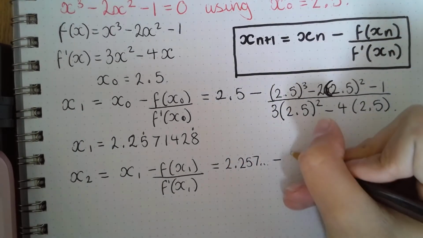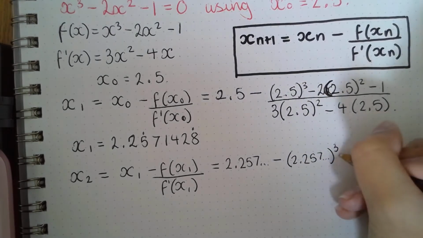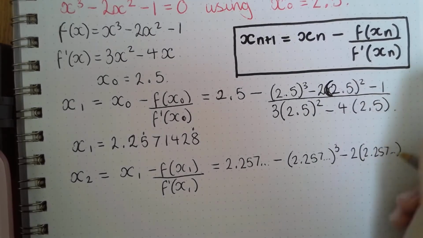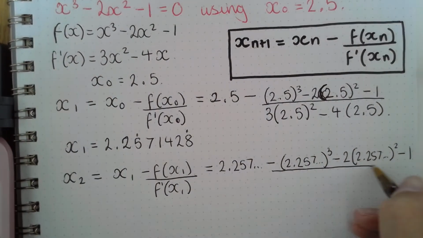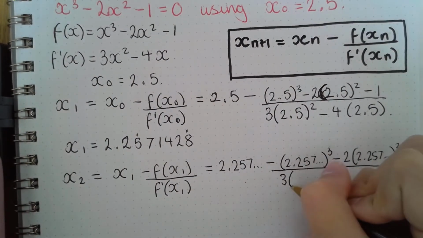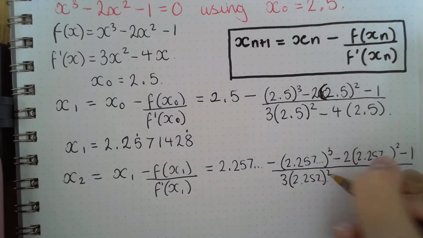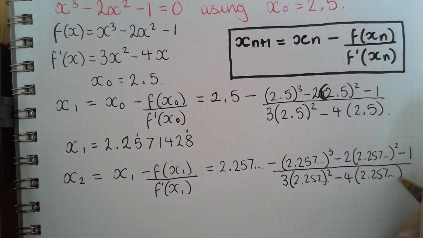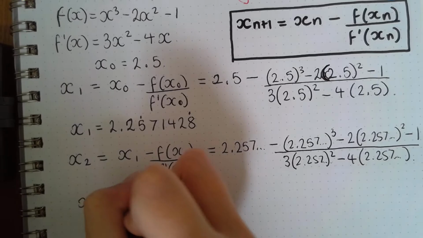So we're going to have 2.257 take away 2.257 cubed, take away 2 lots of 2.257 squared, take away 1, divided by 3 lots of 2.257 squared, take away 4 lots of 2.257. And then we don't need to change anything on the calculator.